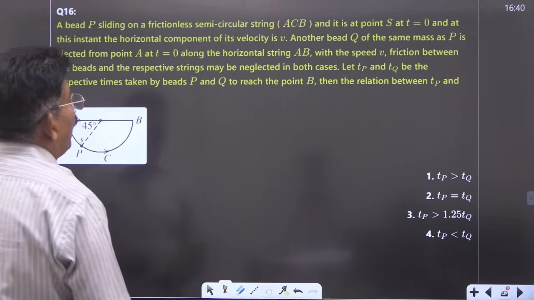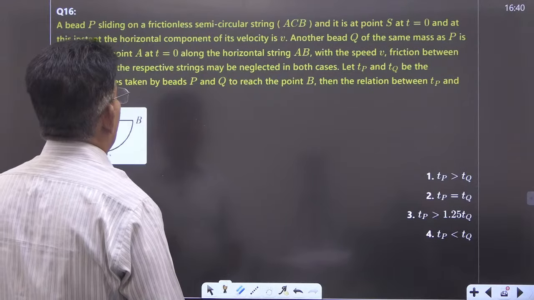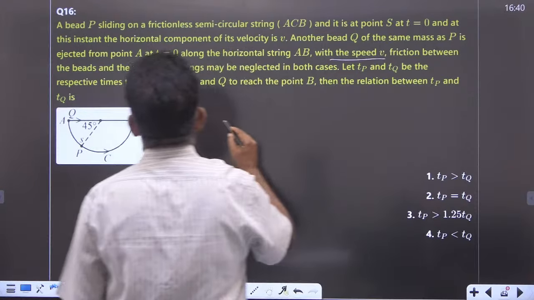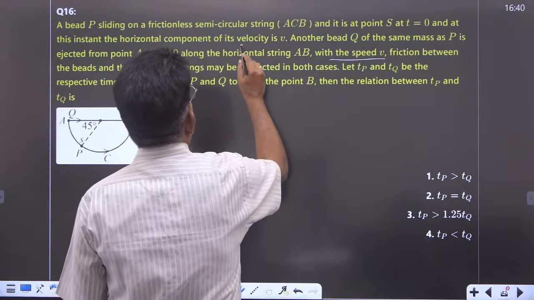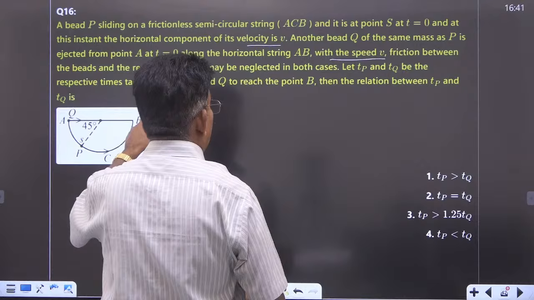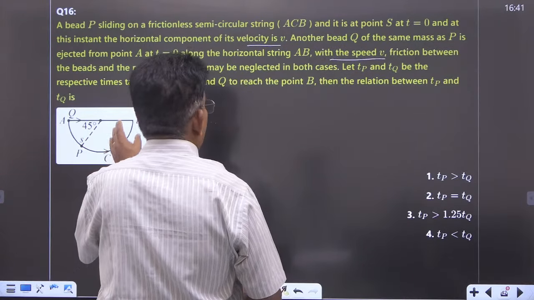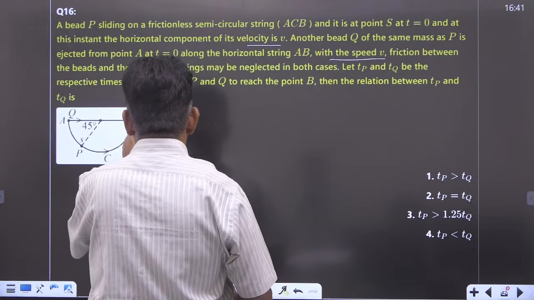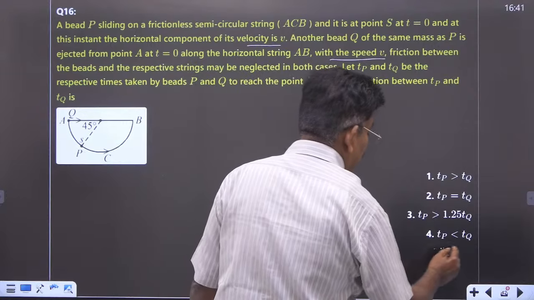It is given that another bead Q, same mass as P, is ejected at T0 along the horizontal AB with a speed V. And the initial speed of P is also what? Initial velocity V. So its speed will be increasing and then decreasing to that same value V. But as an average, during the whole motion, its velocity is more than V. Its velocity is throughout V. Therefore, this has an average velocity more than V. Time taken will be less. Therefore, TP is less than TQ.